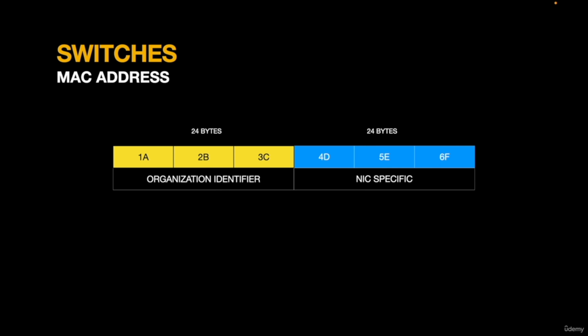Let's say Juniper will have its organization identifier, and it will manufacture the network interface cards for their devices using some internal rules for assigning the MAC addresses to the NICs.